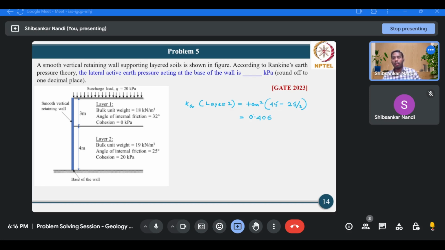Okay. Now, let's check. Layer 2 is quasi-frictional. So layer 2 is c-phi soil. So what will be the variation of active earth pressure?